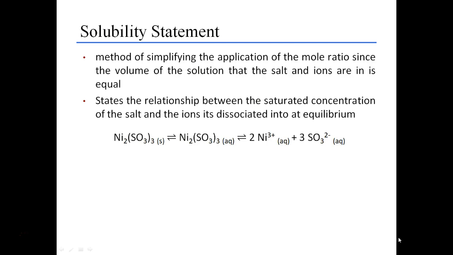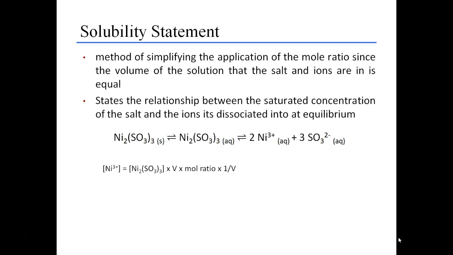Now, this is really just a shortcut, and it allows us to simplify the relationship between the ions, because we know that they are determined through the mole ratio, given that they're in the same volume. So, for example, the concentration of nickel(III) ions at equilibrium is determined from the concentration of nickel(III) sulfite that dissolves in water times the volume, which gives me the moles of nickel(III) sulfite, times the mole ratio, divided by the volume.